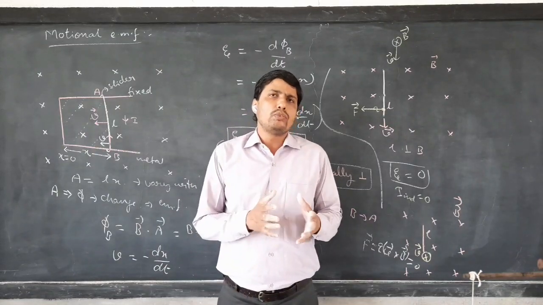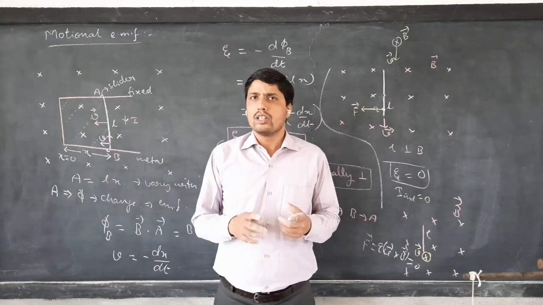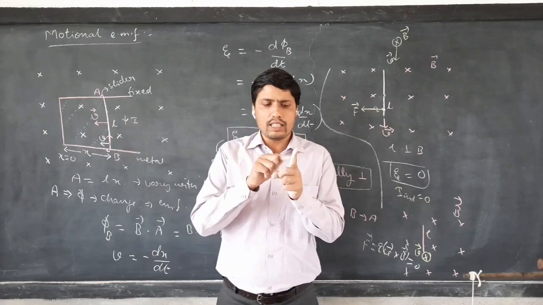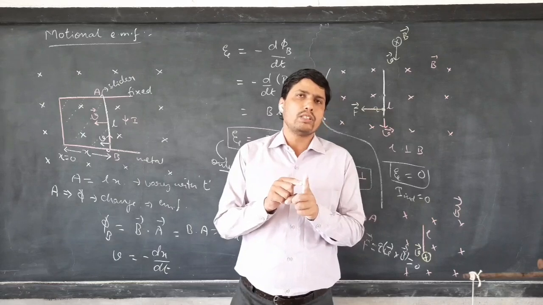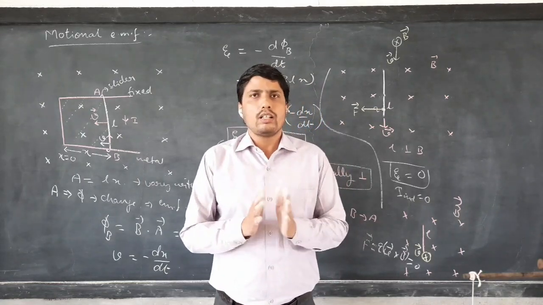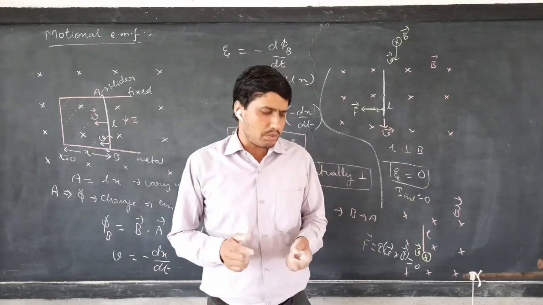So likewise, you can think of, students, if L is parallel to B, what will happen, and the different cases. So neither of among this B, L, and V, no two components or parameters should be parallel. That is the thing. If they are parallel, EMF induced will be zero. If they are not parallel, EMF induced will not be zero.